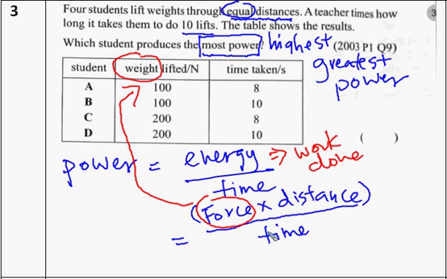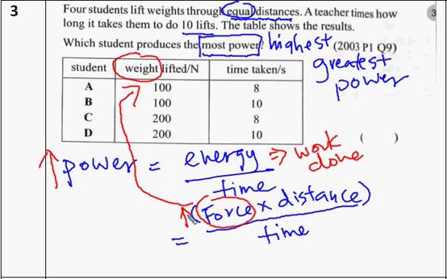So the question now is how do we get a greater power? If your maths is good, you notice that for me to increase my power, I need to increase the weight. Remember the keyword about equal distance, so I can ignore distance.